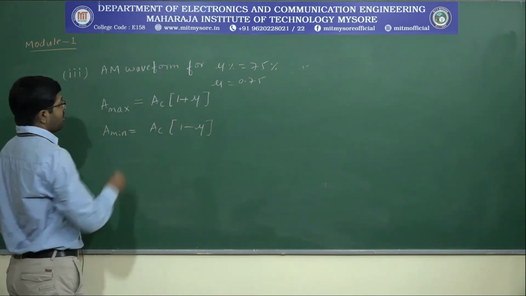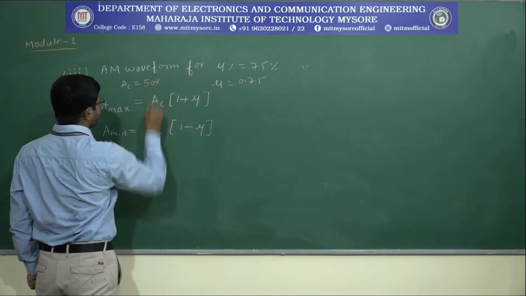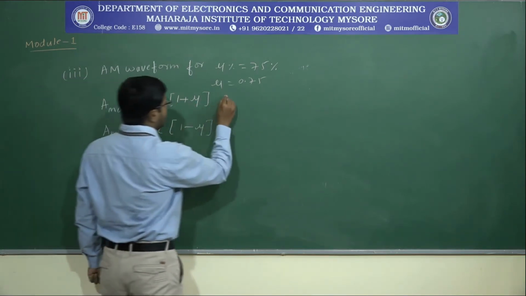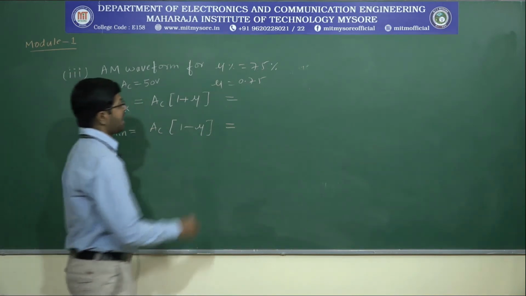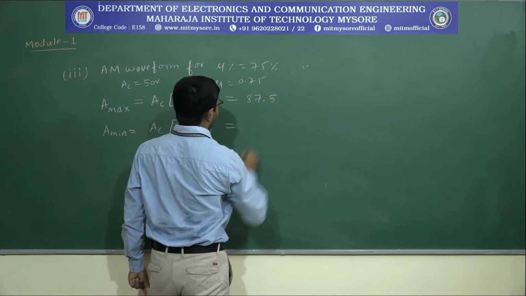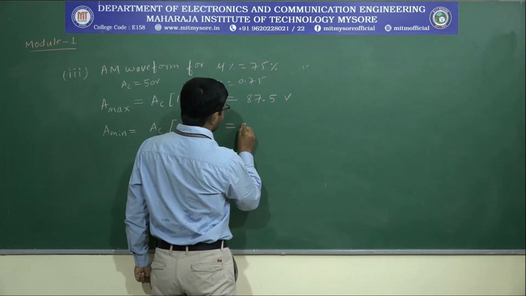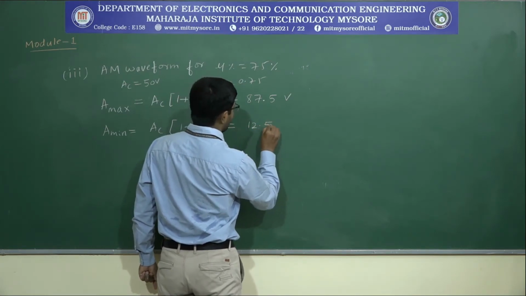Substituting AC equal to 50 volt and mu equal to 0.75, we get Amax as 87.5 volt and Amin as 12.5 volt.